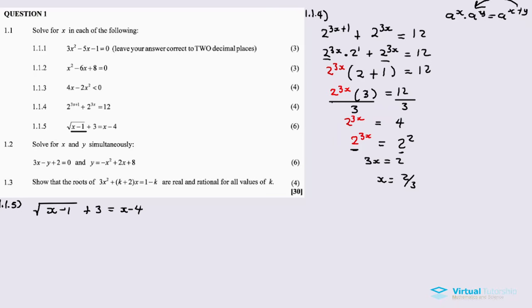So this is the surd equation: square root of x minus 1 plus 3 equal to x minus 4. So therefore the first thing I must do here is to transpose this plus 3.